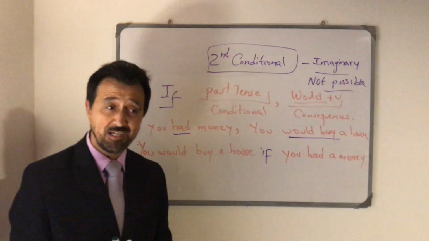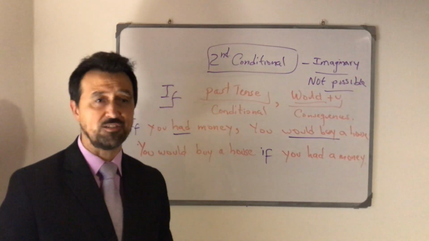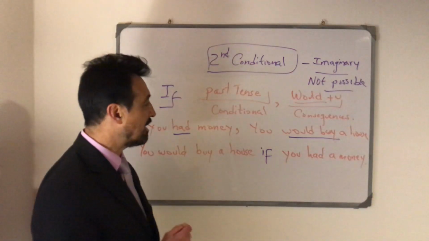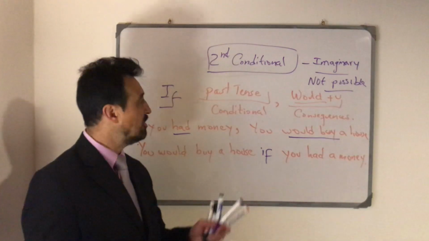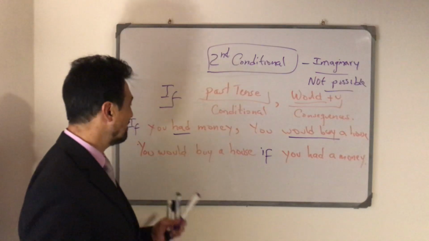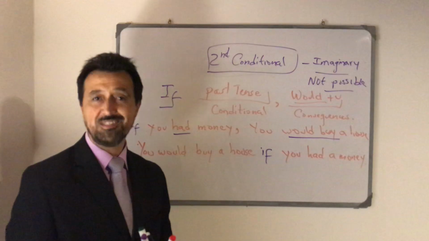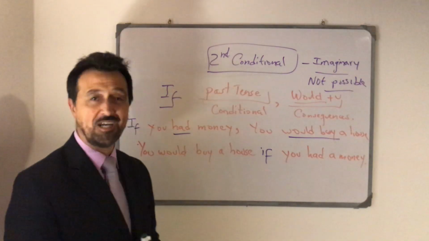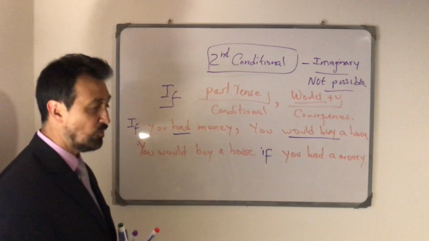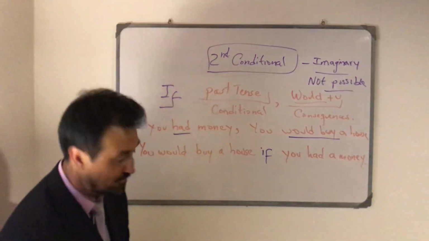In Miss Universe, the 10 or 12 finalists get some kind of questions, and those questions use the second conditional. They ask a girl, if you had money, Miss Colombia, what would you do? This is the way the second conditional works. So it's important to keep that in mind. Let's put more examples. Okay?